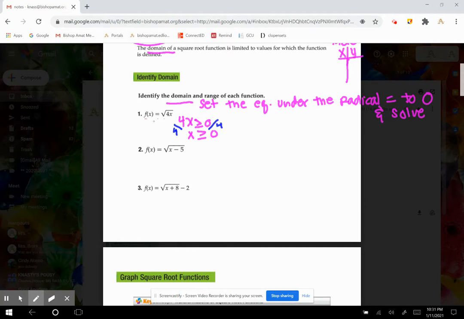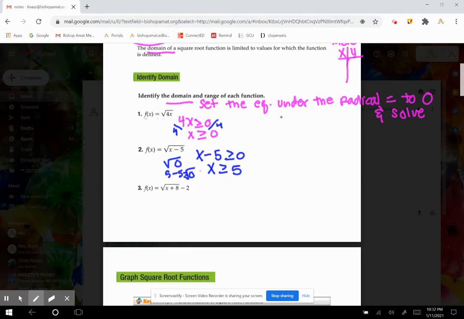Okay, let's look at the next one. This one, x minus 5 is greater than or equal to 0. So x is greater than or equal to 5. Okay, any number greater than or equal to 5. It can be 0. You can have radical 0. That's fine, because that's just 0, right? If I plug 5 in here, 5 minus 5 equals 0.